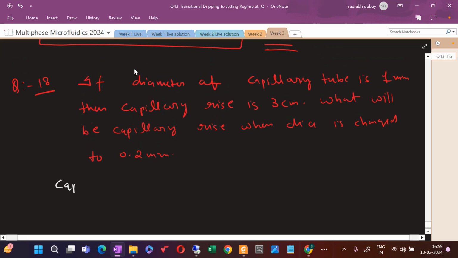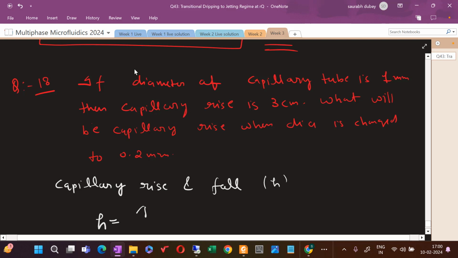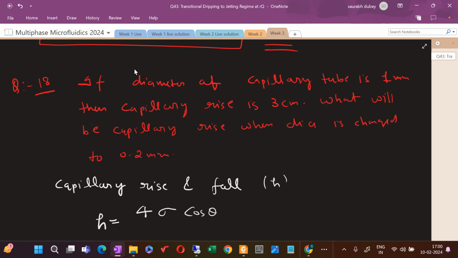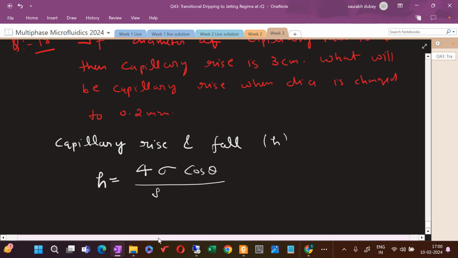Capillary rise and fall is denoted by H, and H is 4 times surface tension times cos theta divided by density of the fluid times gravity times diameter of the capillary.